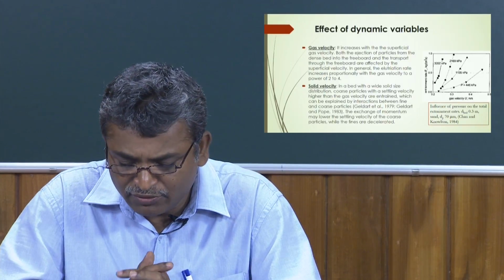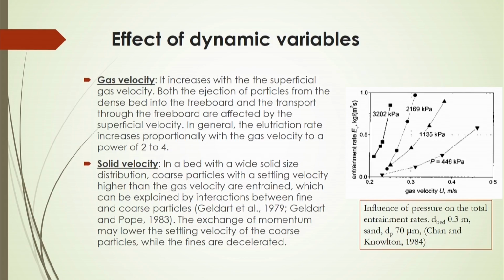Now, here in this picture you will see that entrainment rate increases with gas velocity. It is seen that there is also an influence of pressure on the total entrainment rates. So, if you increase the pressure in the system, you will see that for a particular gas velocity, the higher the pressure inside, the entrainment rate will be higher.